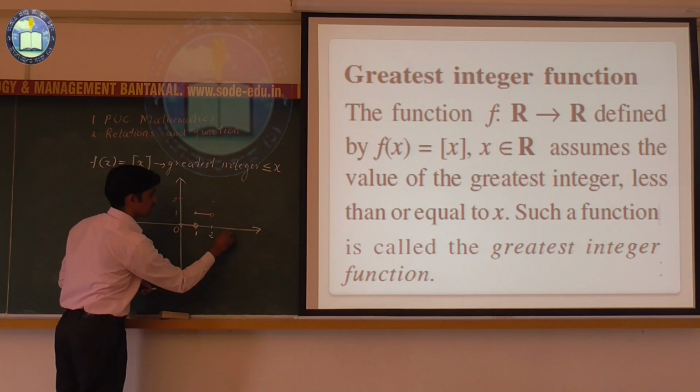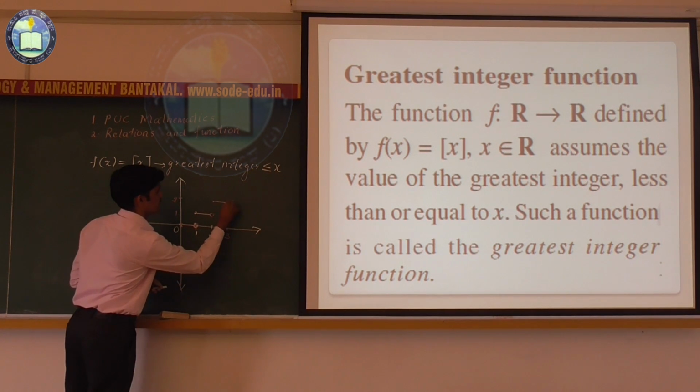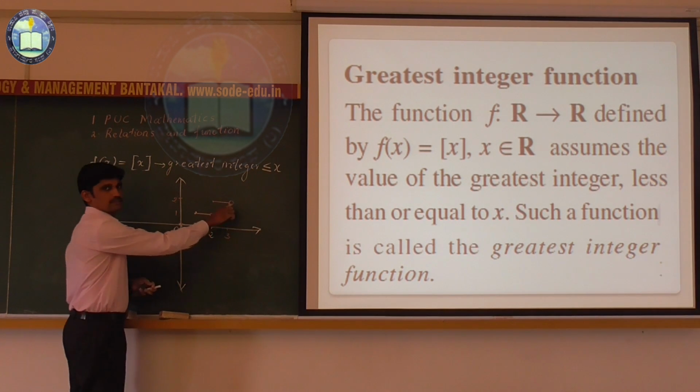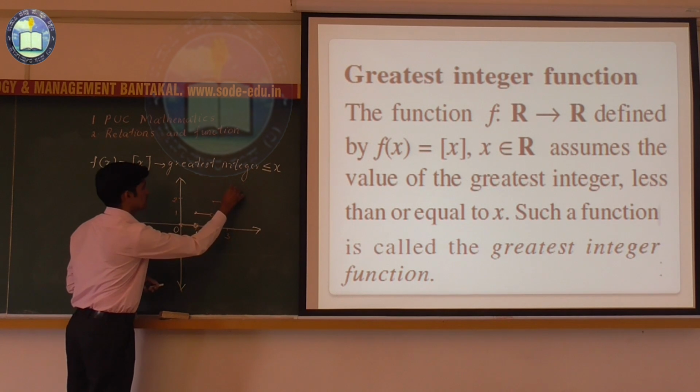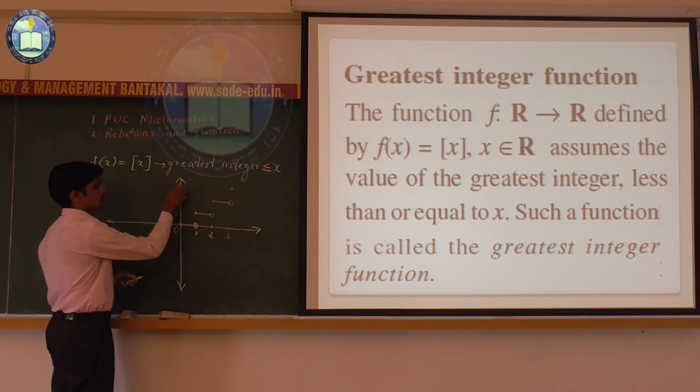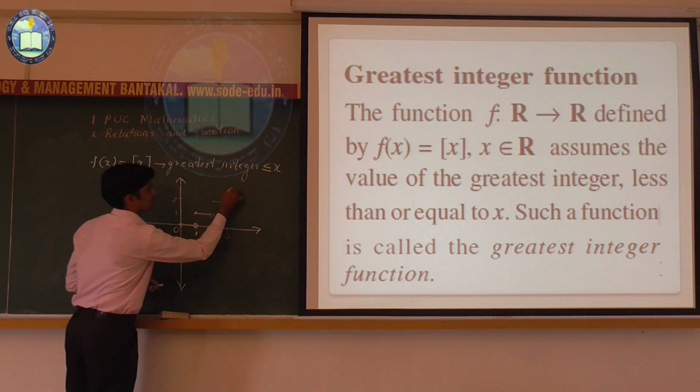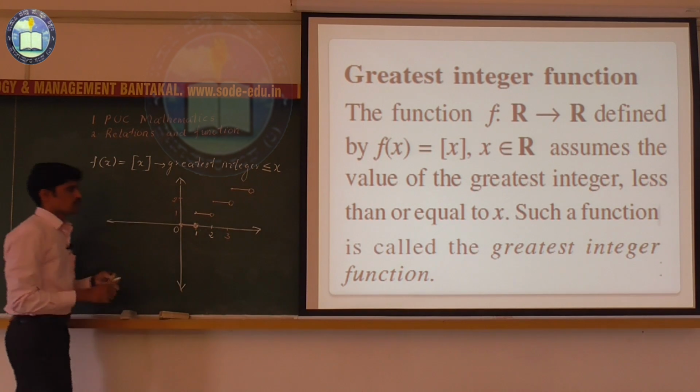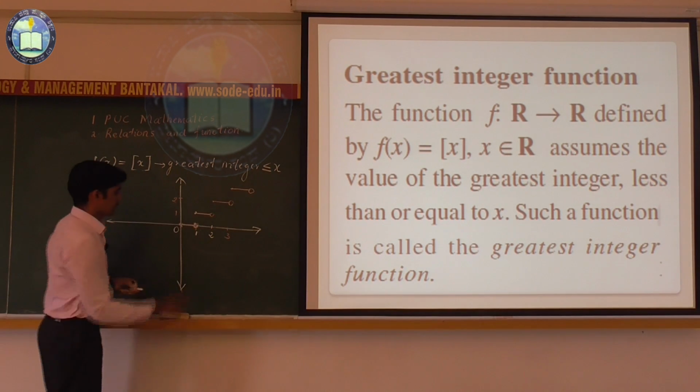Between 2 and 3, it takes the value 2. When x equals 3, it is not 2, the function value is 3. And so on. This is also known as a step function.